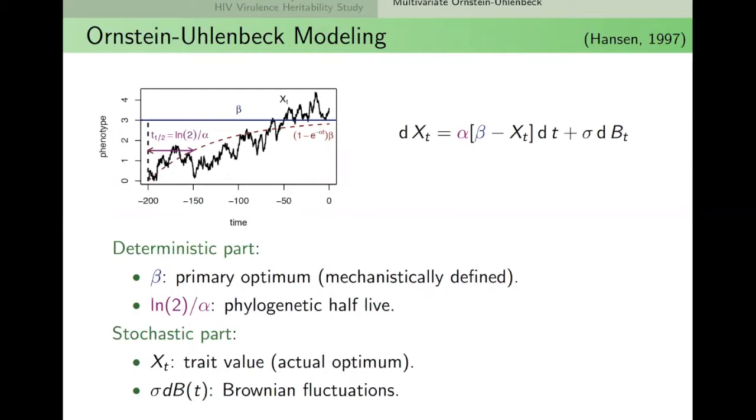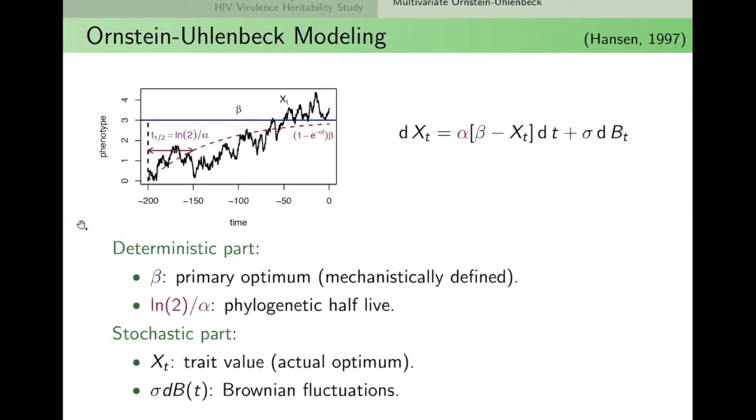If this time is very short compared to the total time in your tree, then you have enough time to go to your optimum and you have some hope of seeing this optimum. If on the contrary this time is very big compared to the tree, it means that in your evolutionary time you don't have time to go to your optimum, so you won't see your optimum. So it gives a natural scale to interpret this alpha parameter.